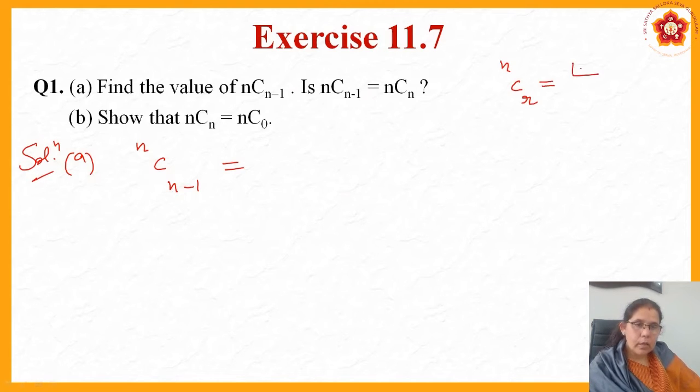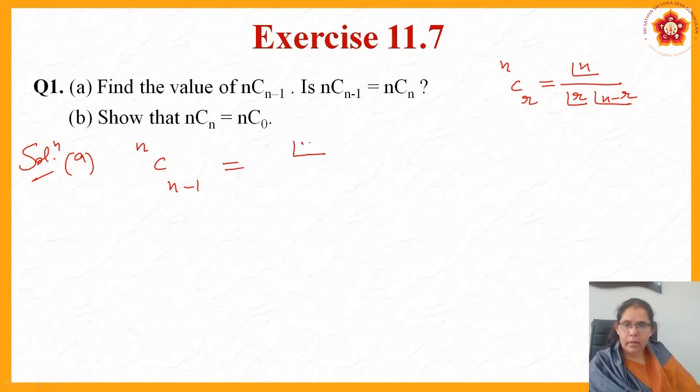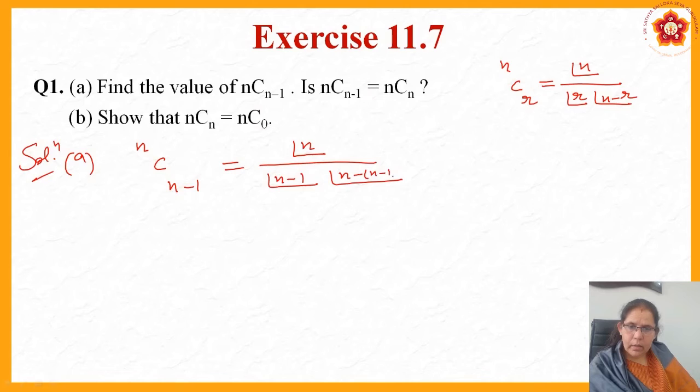Use the formula. This is the formula: nCr is equal to factorial n upon factorial r into factorial n minus r. So nC(n minus 1) is factorial n upon factorial n minus 1 and factorial n minus (n minus 1). Make sure that you keep this n minus 1 in bracket.